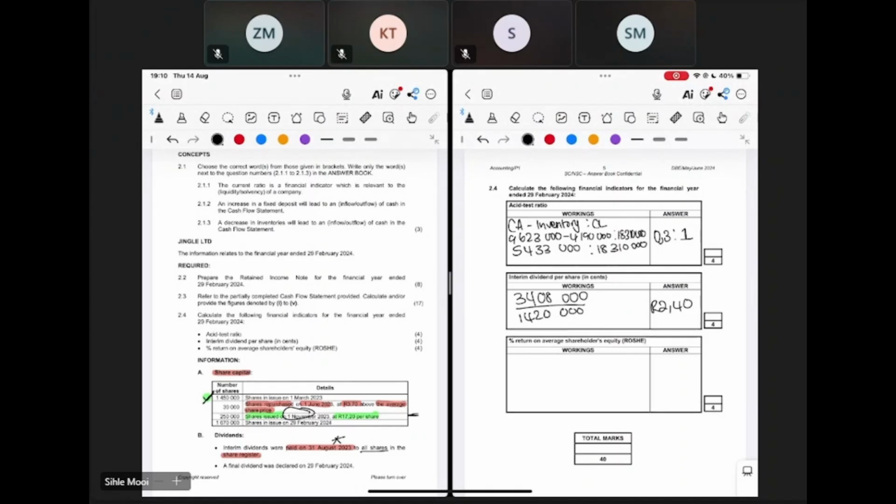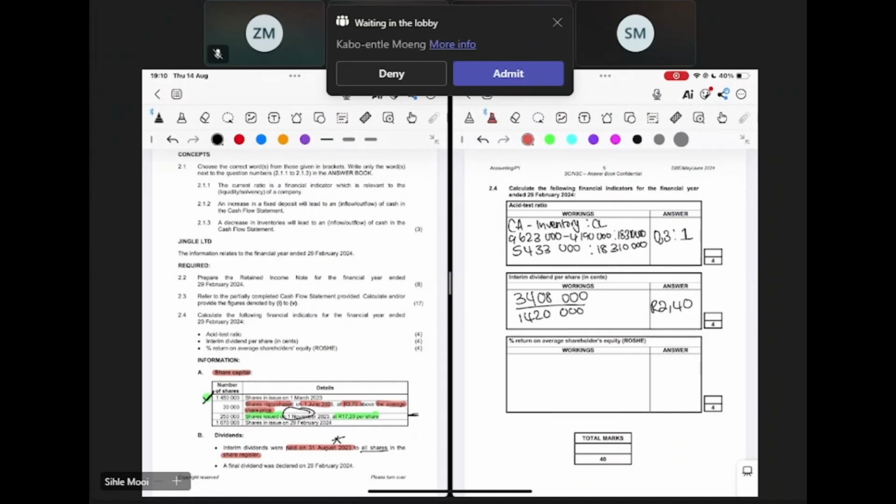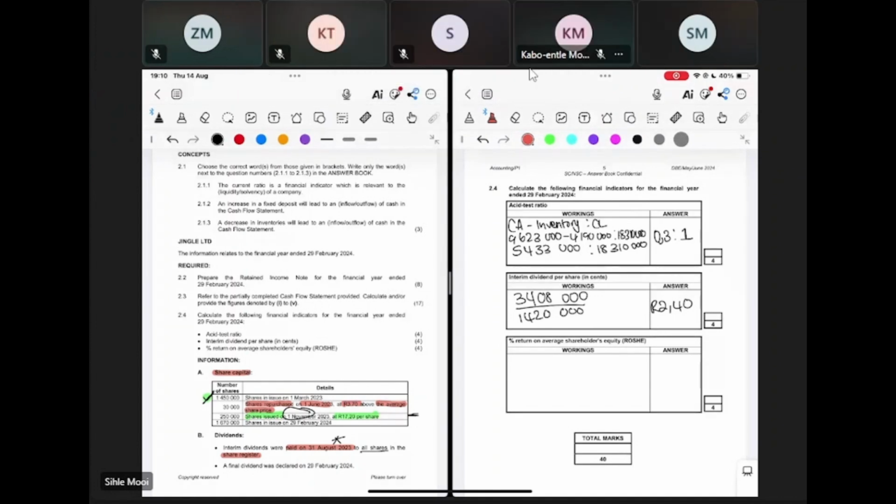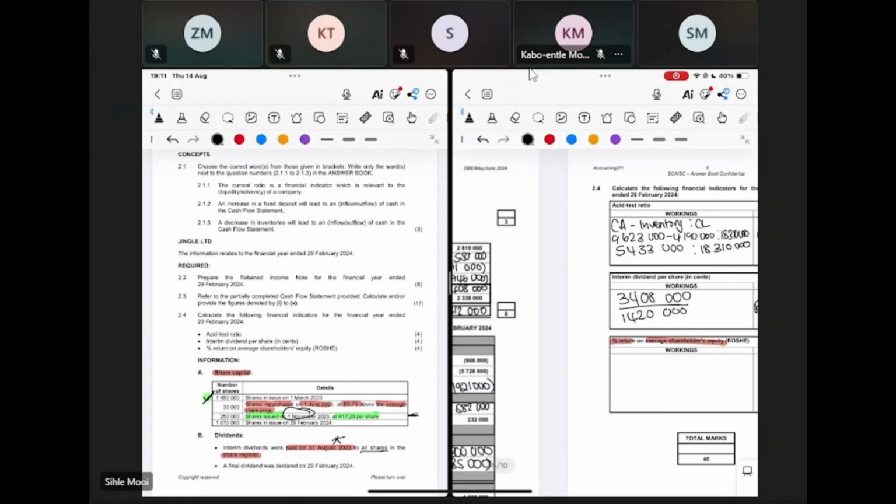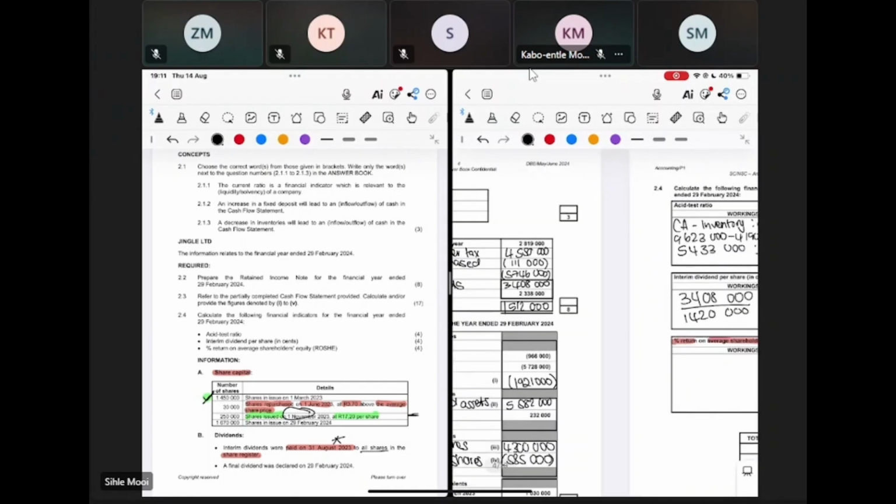Okay, so let's break it down. They're asking for the return on the average shareholders' equity, right? So it's return at the top and the average shareholders' equity at the bottom. What is your return made up of? That is your net profit after tax, and we calculated that to be 4,550,000.